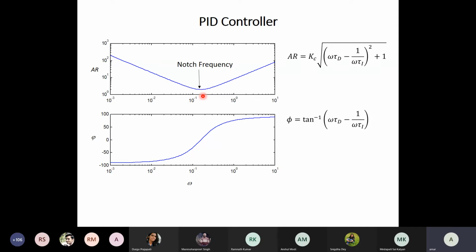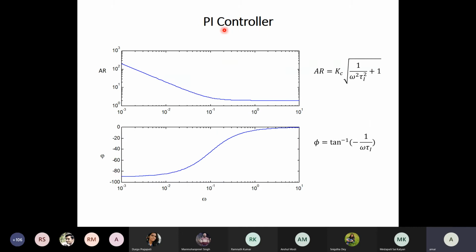For a PID controller, before going there, another important part is in this PI controller, what is the integral action?